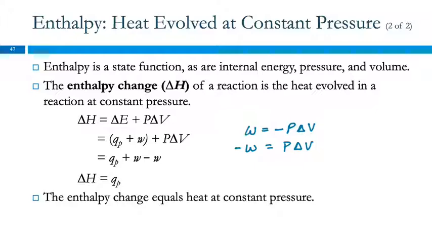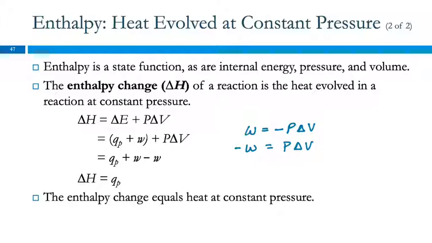Now that is not the same as the energy, because we have made the work go away, and the change in internal energy is still heat plus work. So it's not that there's no work being done, it's just that we can subtract it from itself and make it go away. This is math voodoo kind of stuff.